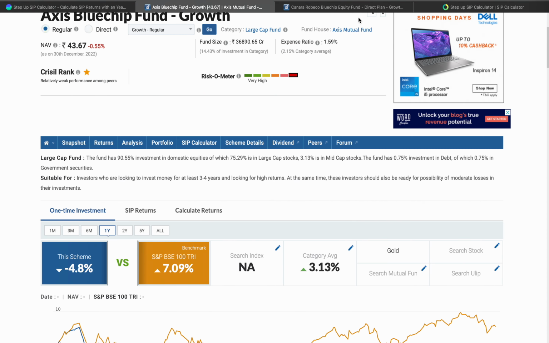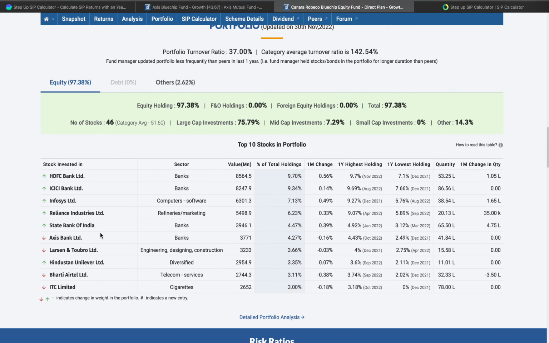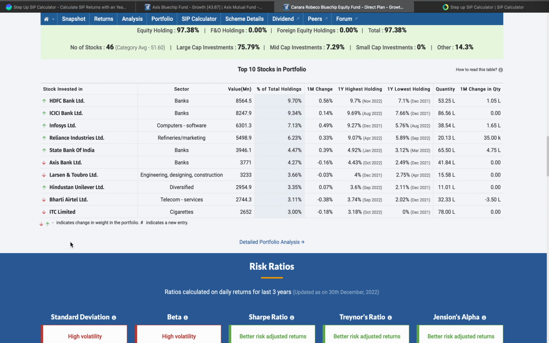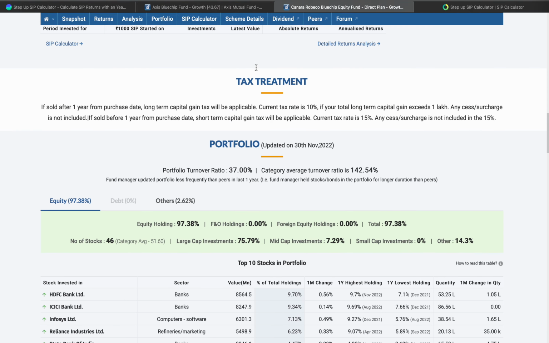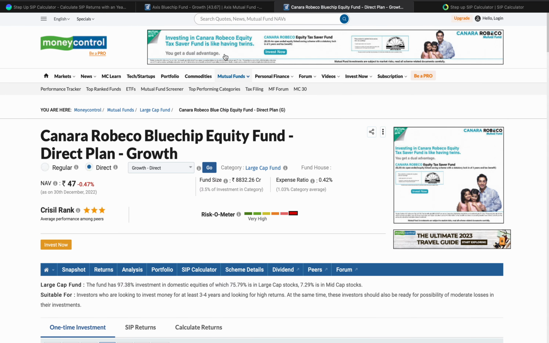As another example, let's consider Canara Robeco Blue Chip Equity Fund. Even if you consider it, it's more or less the same companies. So this is why it is very important, as I mentioned, to have just two or three mutual funds and keep investing in them.